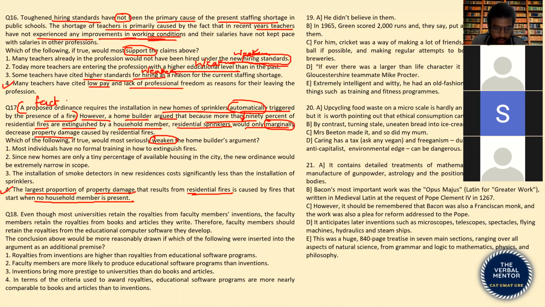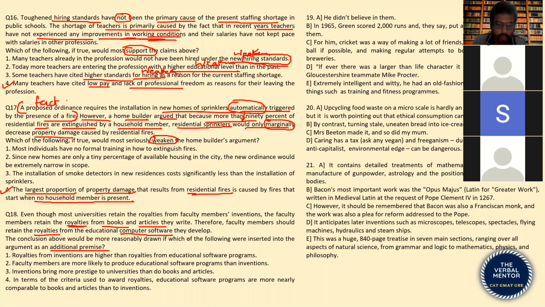In question 18, author says, because royalties from books and articles are retained by faculty members, royalties from computer software should also be retained by them. Now, author basically compares royalties obtained by books and those obtained from computer software.